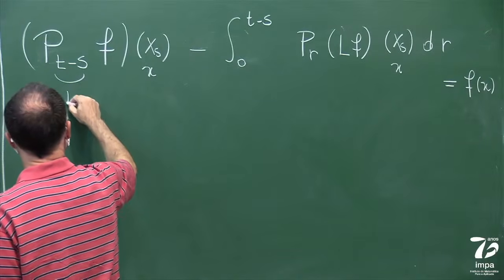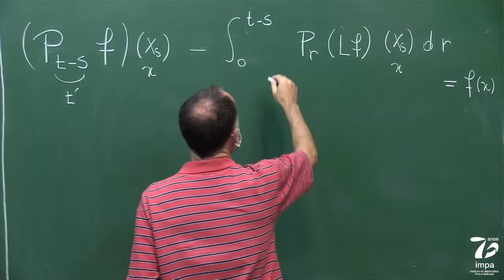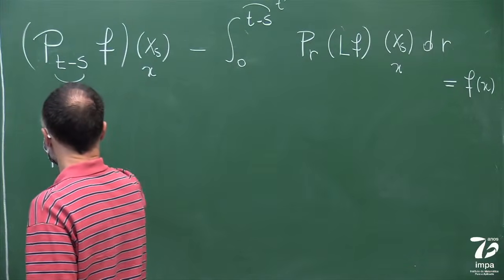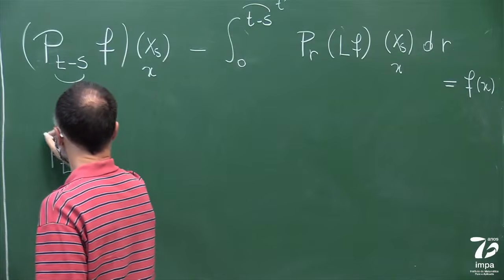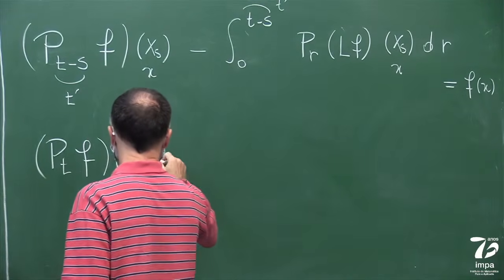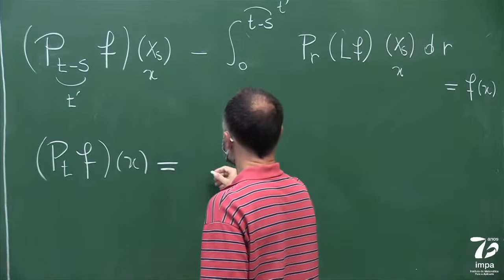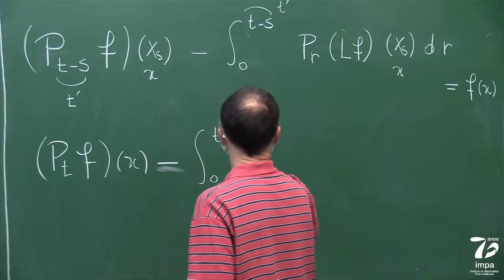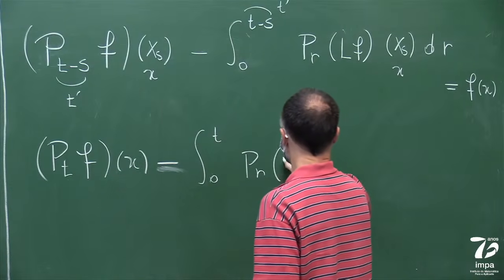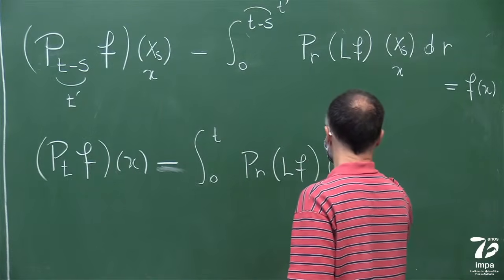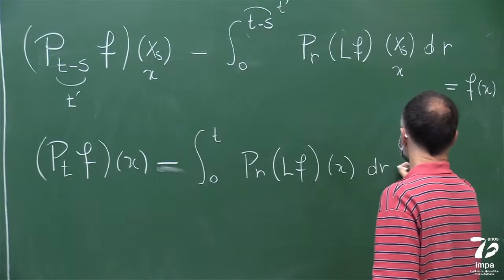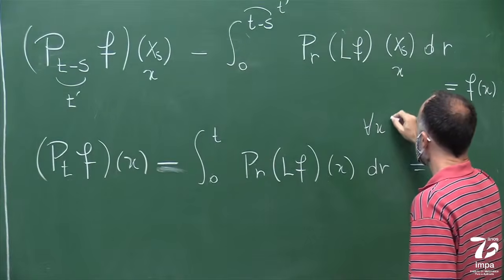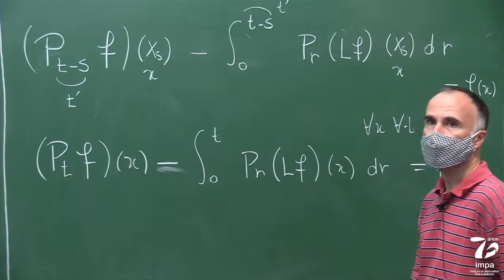So if I call that t prime, what I need to show is that P_t f(x) minus the integral from 0 to t of P_r Lf at x dr is equal to f(x), and this for all x and all t.